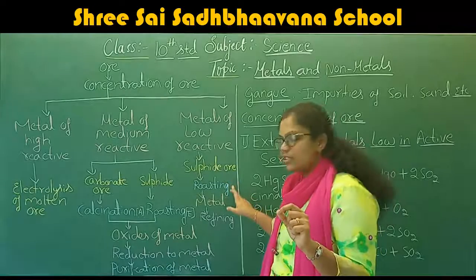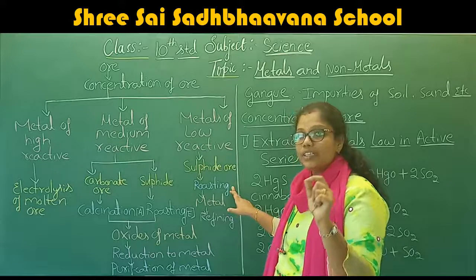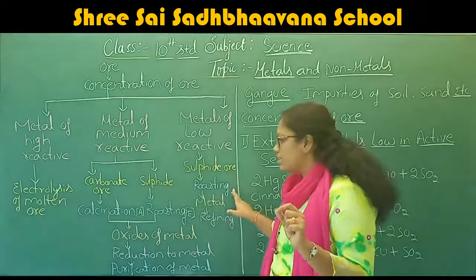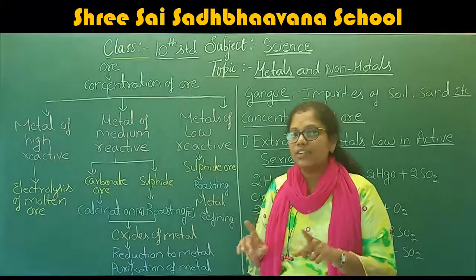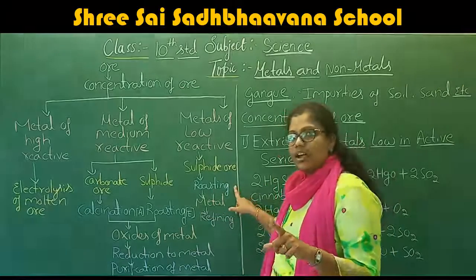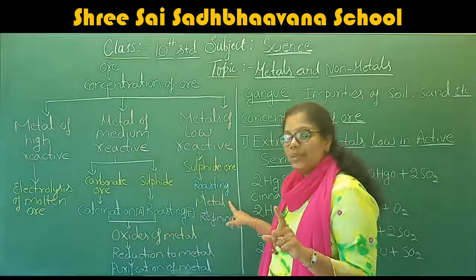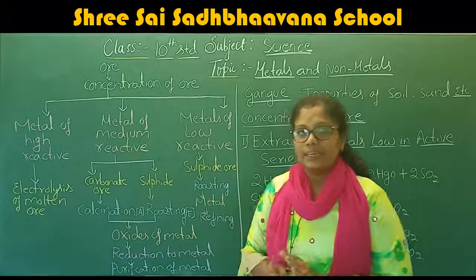This first undergoes roasting. What is roasting? The heating of the ore in the presence of oxygen, that we call roasting. After roasting you will get the metal. That metal undergoes refining. You will get your pure metal.